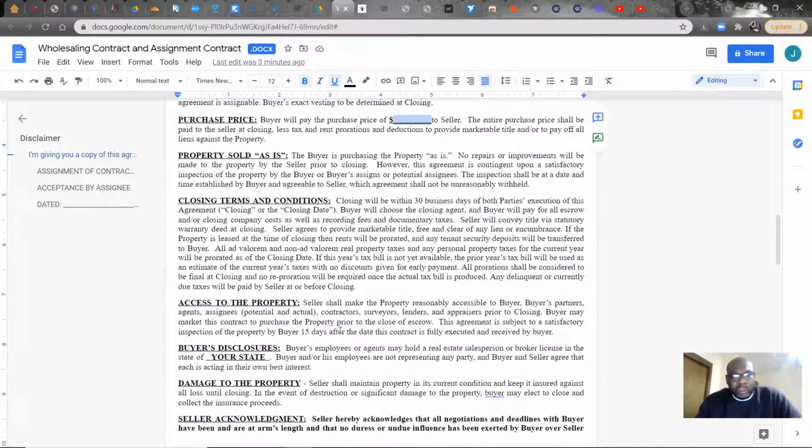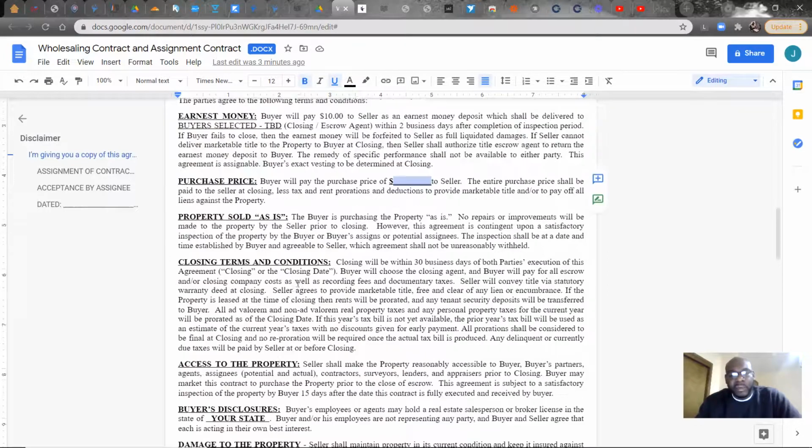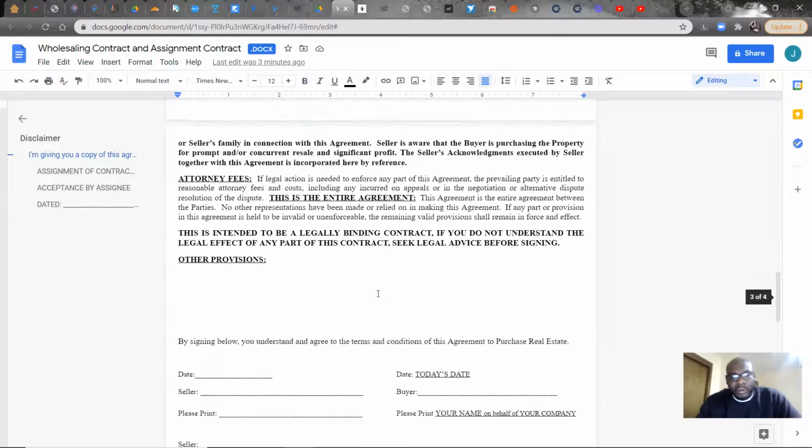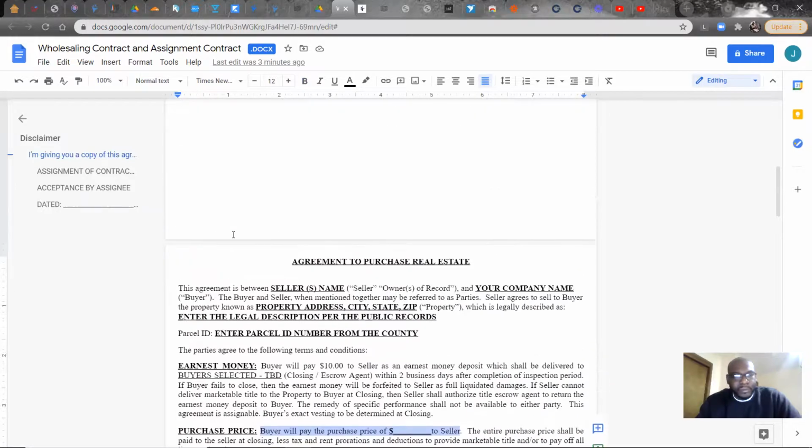So if you make an agreement based upon you thinking that it needs $20,000 in repairs, and then when your cash buyer goes over there, they see that it needs $50,000 in repairs, naturally this agreed upon price that you have with the seller isn't going to work out because there's more repairs. So I'm going to fit it in here somewhere.